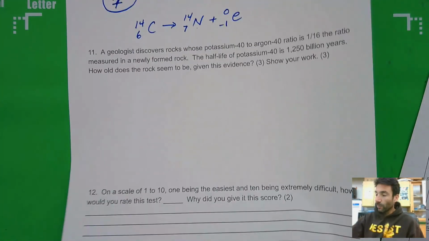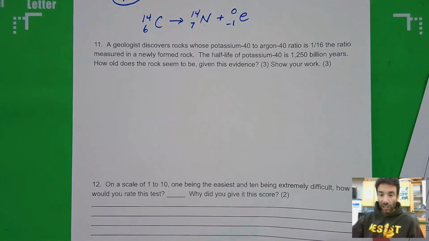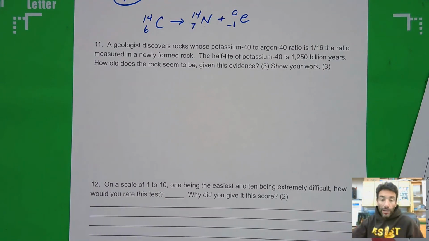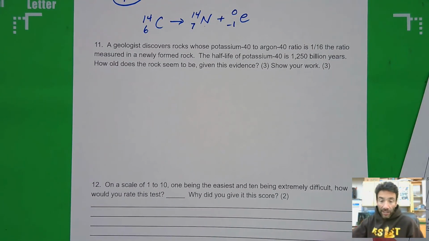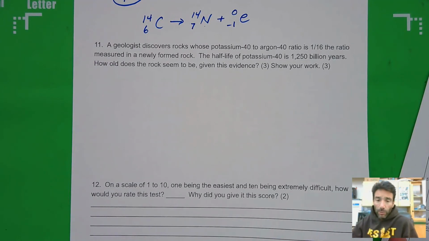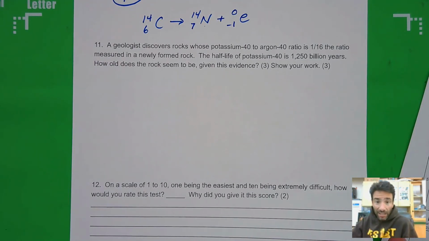All right, let's look at the second question. Second question is basically showing us how scientists use radiometric dating, knowing the half-life of different materials that they might find in things like rocks or sometimes in carbon. In this case, we're dealing with potassium that decays into argon.